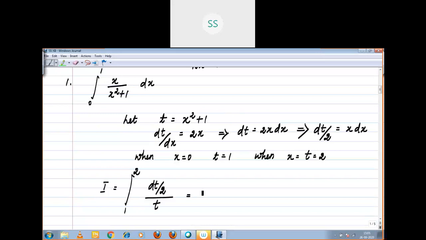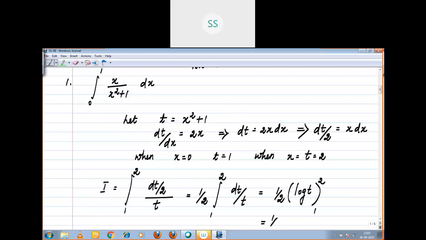Then 1 by 2 you should take it outside. Integral 1 to 2, it is a definite integral, dt by t, which is equal to 1 by 2 into log t, upper limit, lower limit, right?